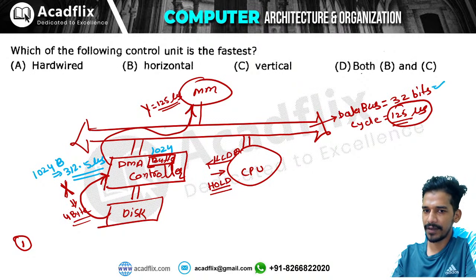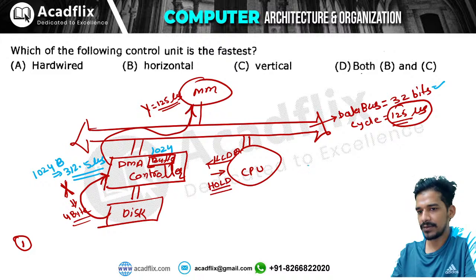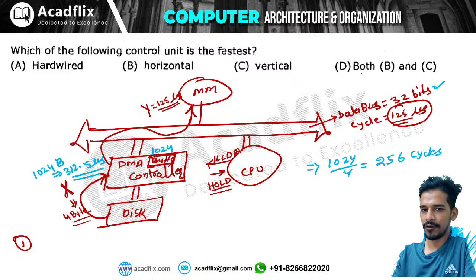That means it will take 1024 divided by 4, that is 256 cycles, because in every cycle you can transfer only 4 bytes.